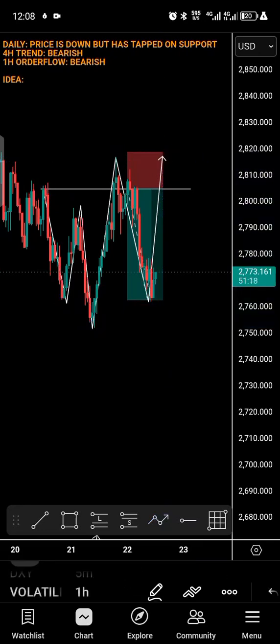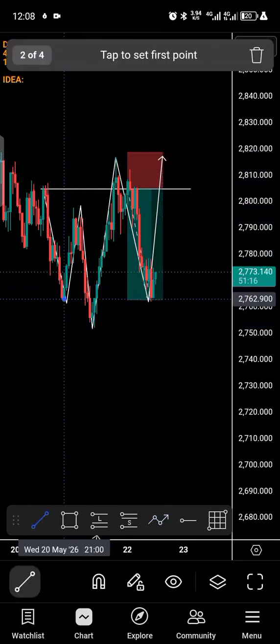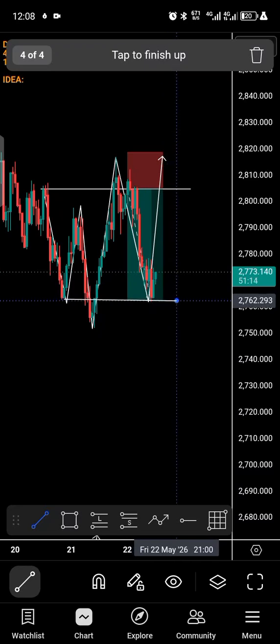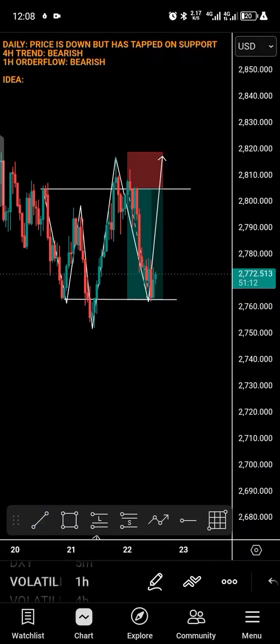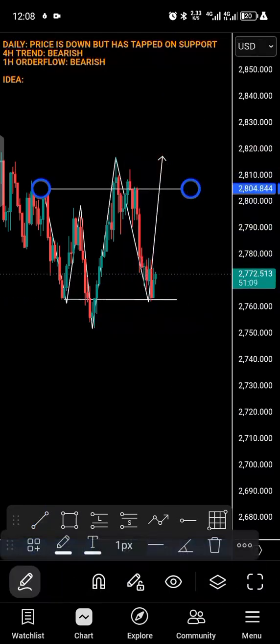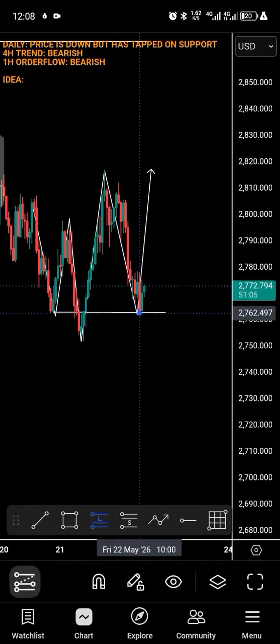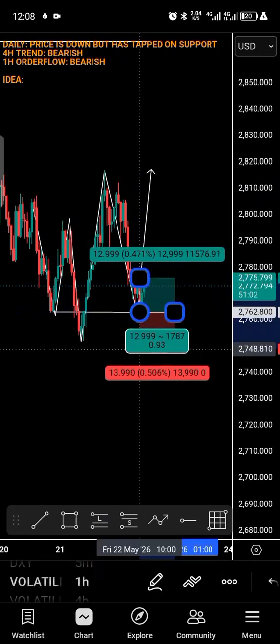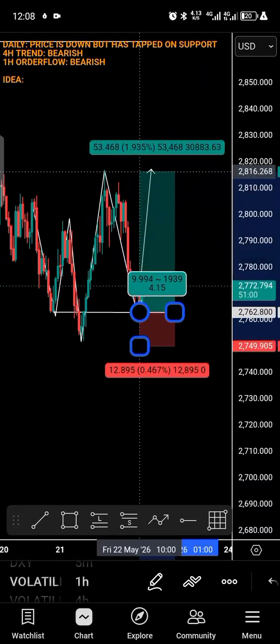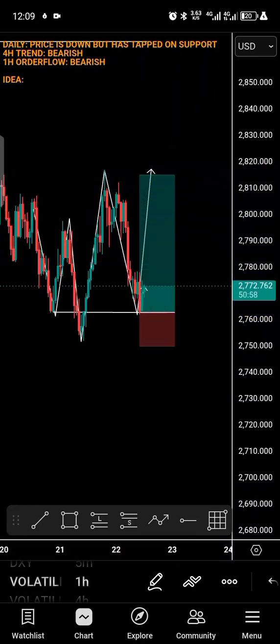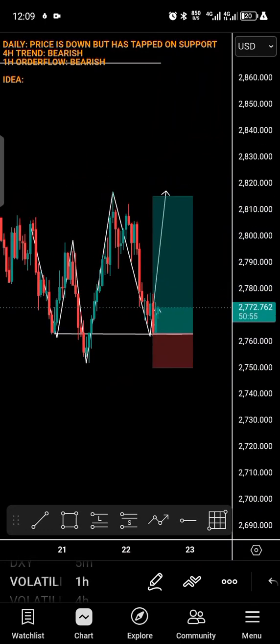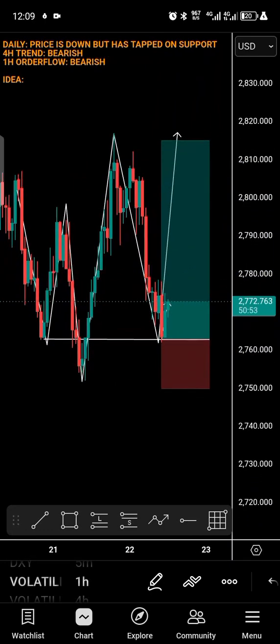So if you're marking this, you're marking it like this. This is like a snipe entry. So let me remove this setup here and then change it to buy. If I had wanted to enter this trade, this is how it would look. So this is the QMR straight up.